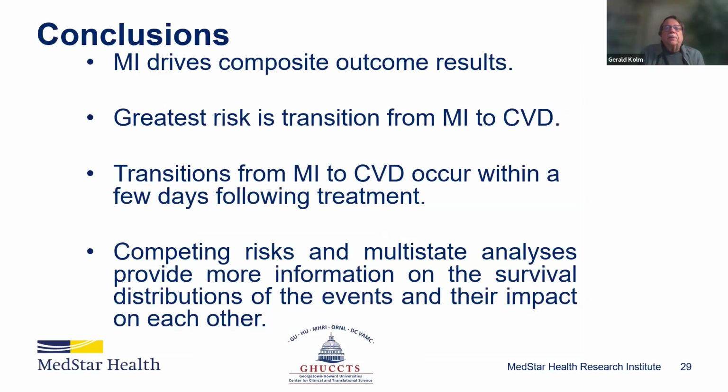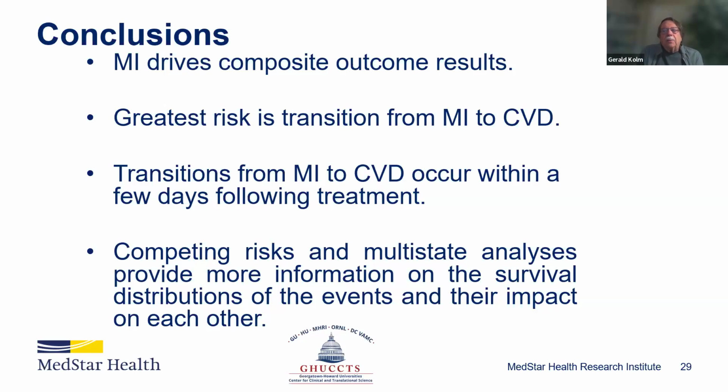Those that transition from an MI to death are obviously at the greater risk. And in terms of the data, the transitions from having a non-fatal myocardial infarction to CVD death actually occurred within just a few days following treatment. So in terms of looking at the raw data versus the analysis, it's confirming what we would conclude.